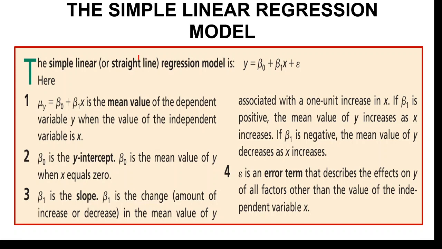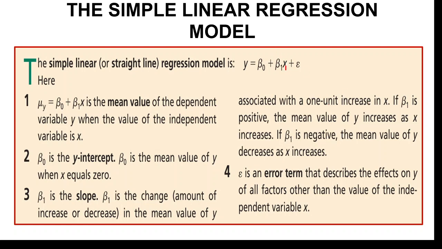Here I have given the regression model: y equals beta 0 plus beta 1 x plus e. What is meant by mu y? It is the mean value of the dependent variable when the value of the independent variable is x. Beta 0 is the y-intercept, beta 1 is the slope. What is meant by beta 1? It is the amount of increase or decrease in the mean value of y associated with a 1 unit increase in x.